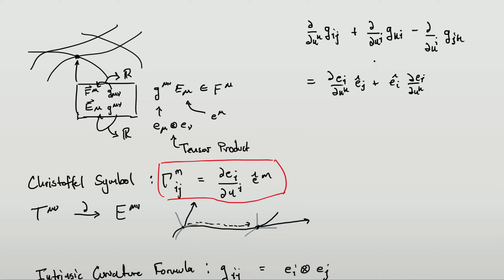Okay, and we can do that for this guy here too. If you see the pattern, it's going to be the derivative of e_k with respect to u^j times e_i, and then e_k times the derivative of e_i with respect to u^j, and then plus the derivative with respect to u^i of e_j times e_k, plus e_j times the derivative of e_k with respect to u^i.